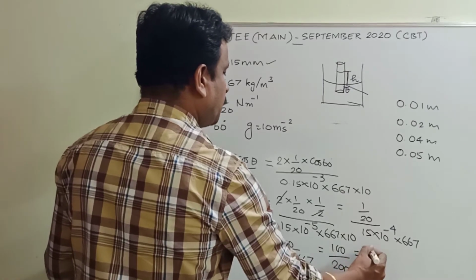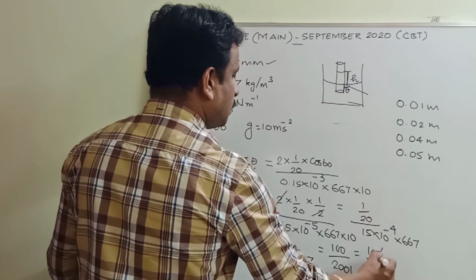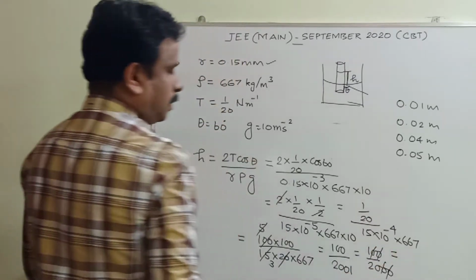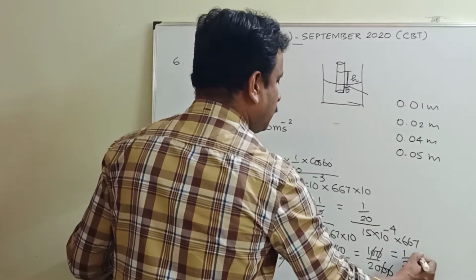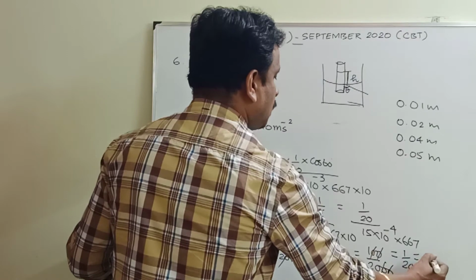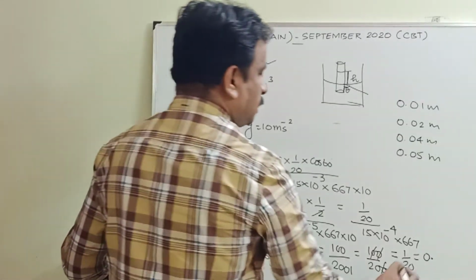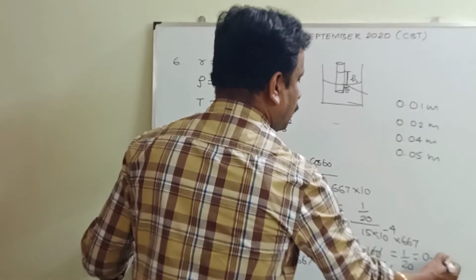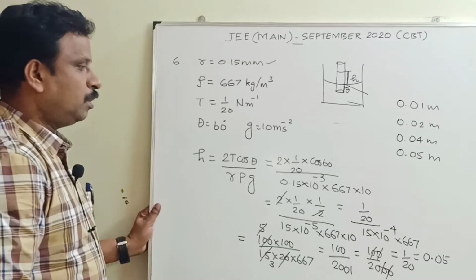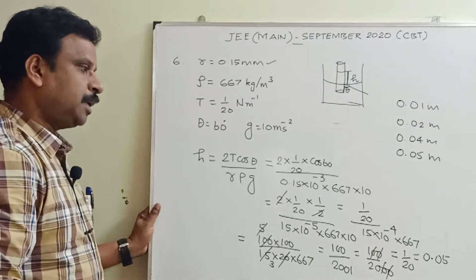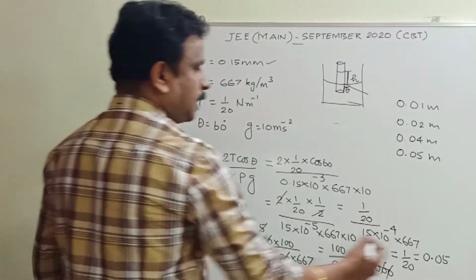I will approximately take it as 2000. So 2 zeros go off, therefore you will get 1 by 20, which will be equal to 0.05. If you divide 1 by 2, you will get 0.5, which divided by again 10, you will get 0.05 meter is the correct answer.